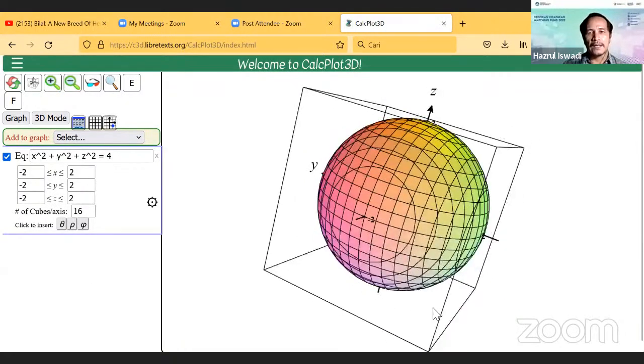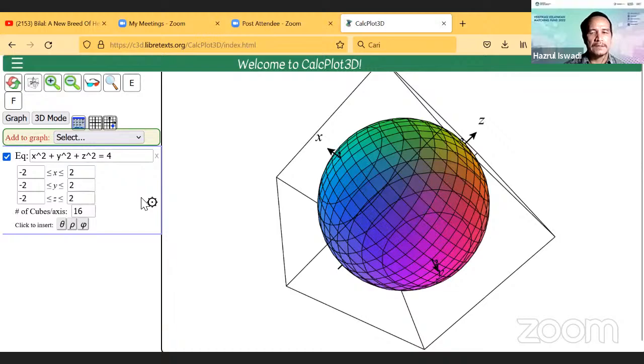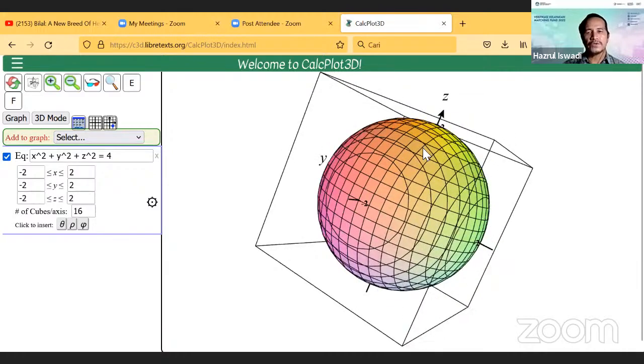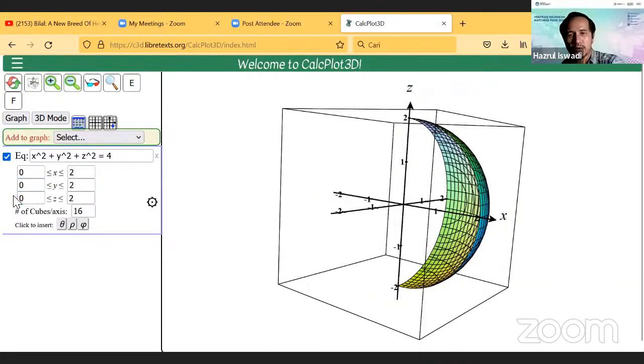Then the problem says that we should draw this sphere only in the first octant. So we will have a limitation for the x, y axis. We change it to 0 to 2, 0 to 2, and this is 0 to 2.